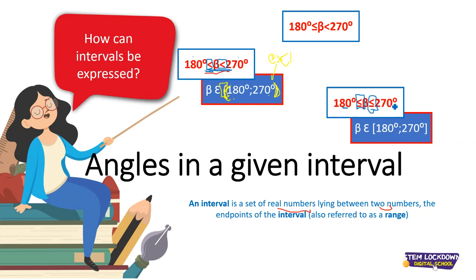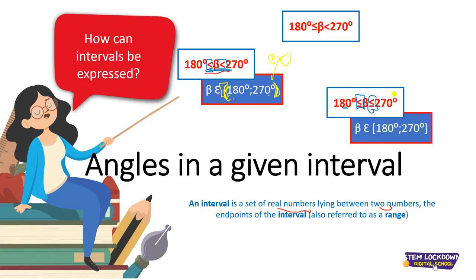Apologies for that. Also in this case, we are including the 180. So if your answer comes back as beta being equal to 180, you write that as your answer. But if your beta comes back as 179.999, that is not part of the interval. If your answer in this case comes back as 270, you include it, whereas previously you would not have included it. Special attention to the brackets.